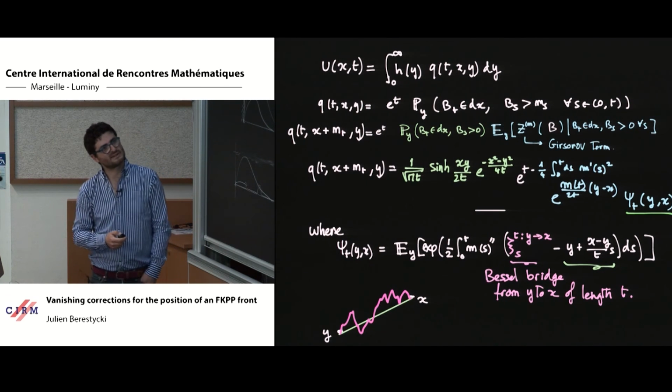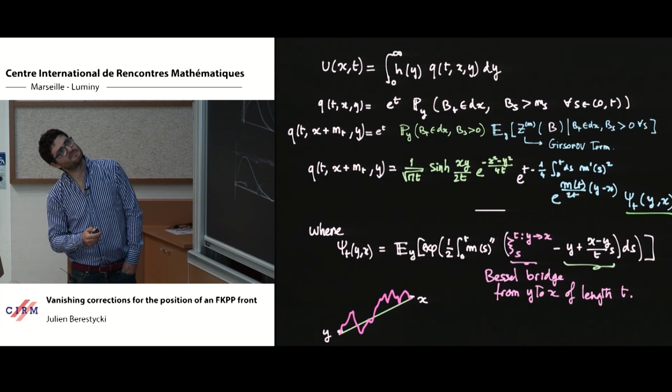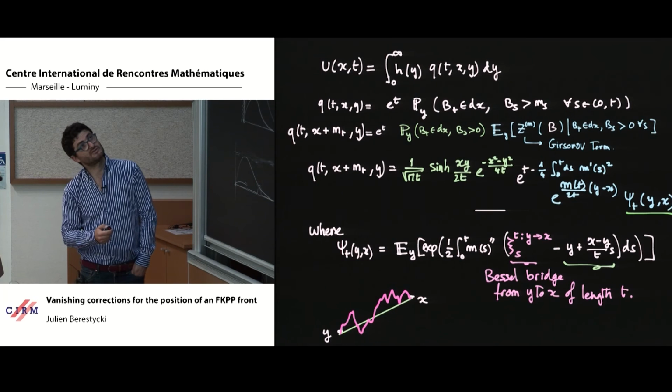And this process is what? Well, you see here, this is a Girsanov transform, but conditionally on the fact that I end up at position x and that I'm always positive. So in other words, it's my Girsanov transform for a Bessel bridge from y to x.